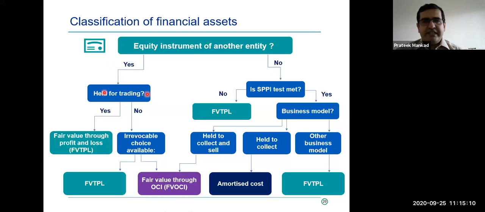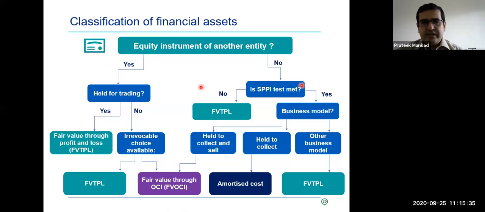If you have a debt instrument, or an instrument which is not an equity instrument, you ask the question, is the SPPI test met? For example, I have invested in shares of an equity oriented mutual fund. As an investor, is there a known amount that I will get on maturity of the instrument?